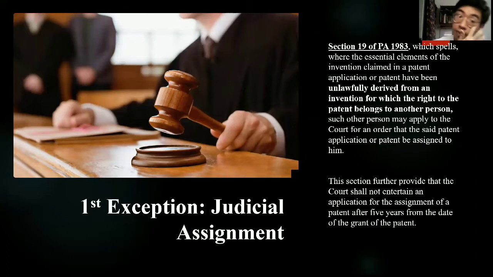So, for example, if the judicial assignment does not grant the patent to me, then I will not have the patent, even though I might be the inventor, but the invention is actually unlawfully derived from another person. So in this case, I will not have the patent.